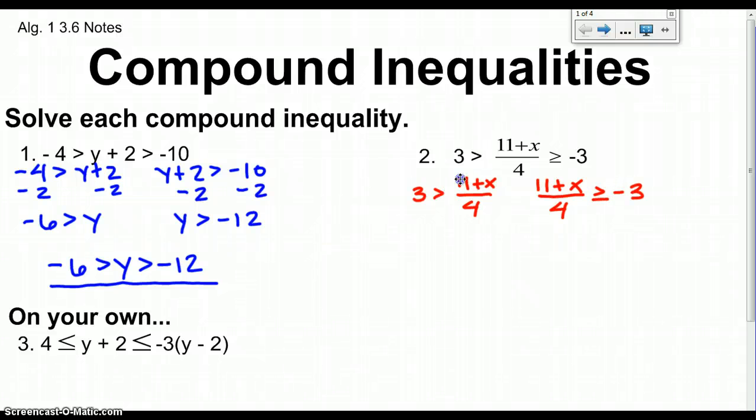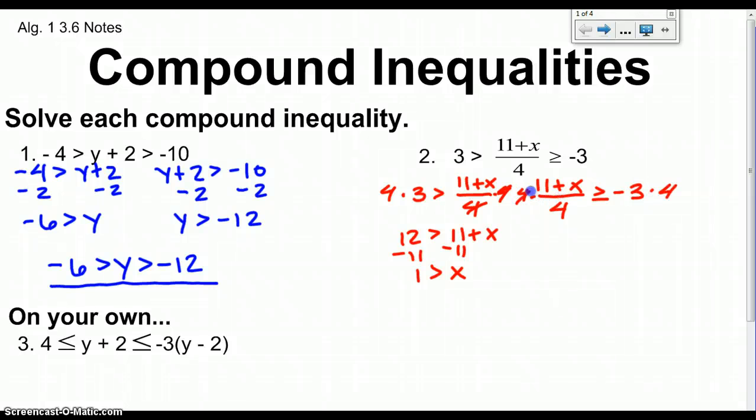So then to solve this first one, we're going to times both sides by 4 to cancel this 4 out and this 4 out. So then we have 12 is greater than 11 plus x. Subtract 11, and we get 1 is greater than x for that equation. For this one, we're going to do the same thing of times by 4.